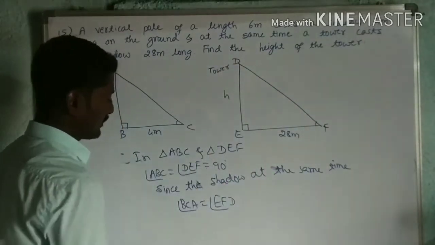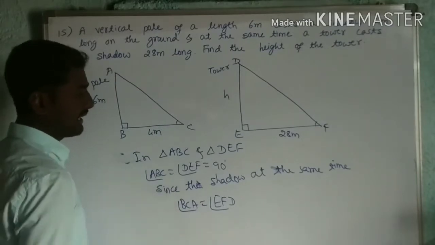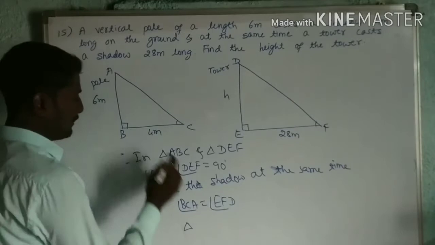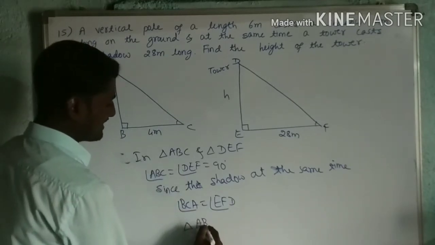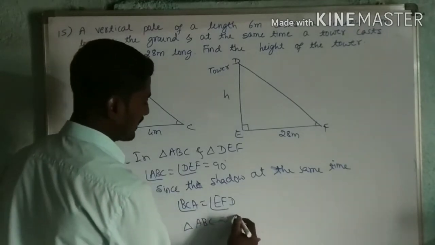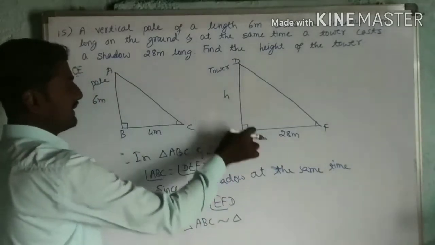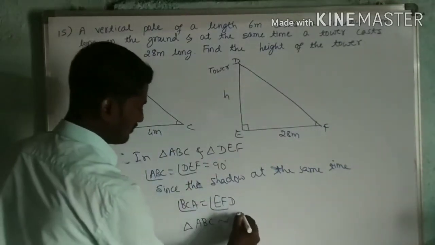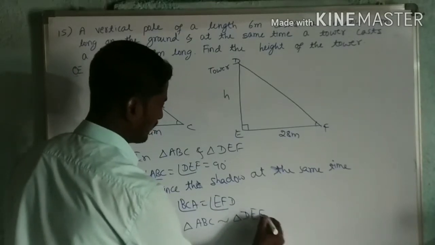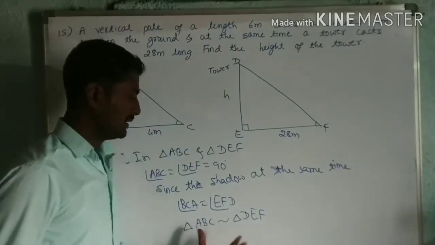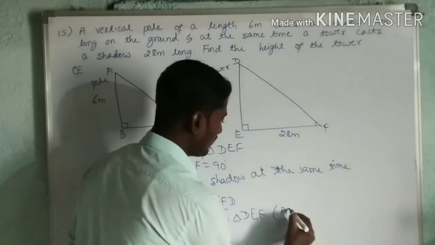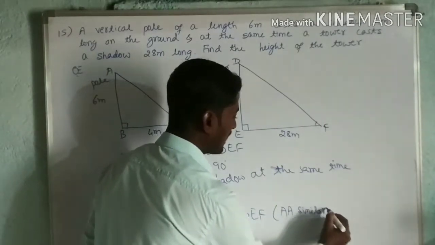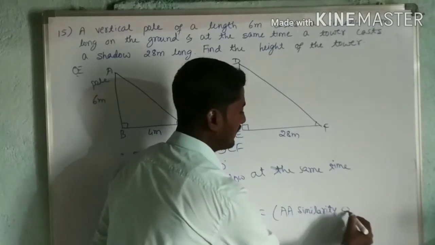So now by the AA similarity criterion, these two triangles are similar. Triangle ABC is similar to triangle DEF, for angle A it is D, for angle B it is E. This is because of the AA similarity criterion.